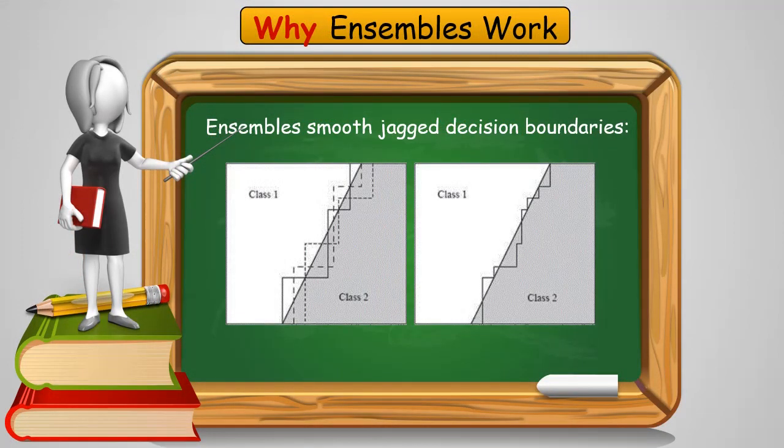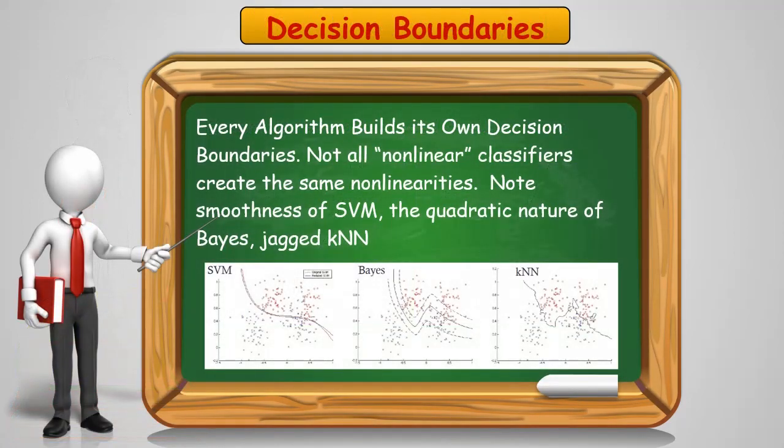I love this pictorial because it helps you really visualize this. Ensembles smooth the jagged decision boundaries between two classes by using those weighted averages or voting mechanisms. It smooths those boundaries because every algorithm builds its own decision boundaries.